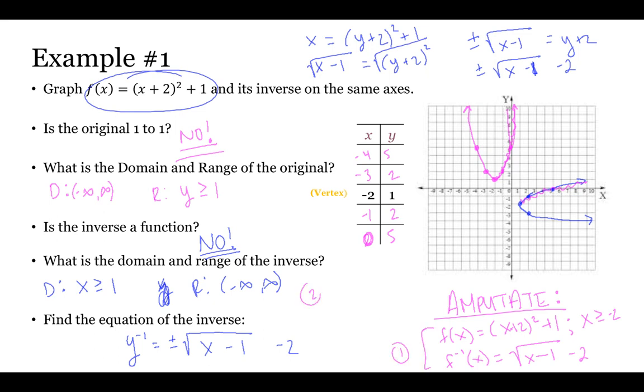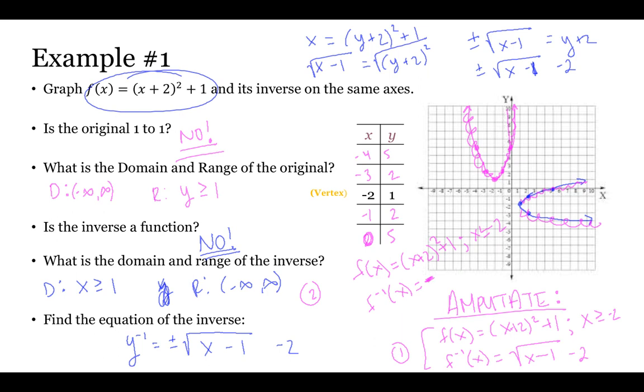Option 2 is, let's say I just wanted to do it where I just wanted this half. Maybe we'd say f of x equals (x plus 2) squared plus 1, where x is less than or equal to negative 2. Because I didn't say which side to amputate. Therefore, the inverse would be negative, because then I would only care about the bottom half, right?